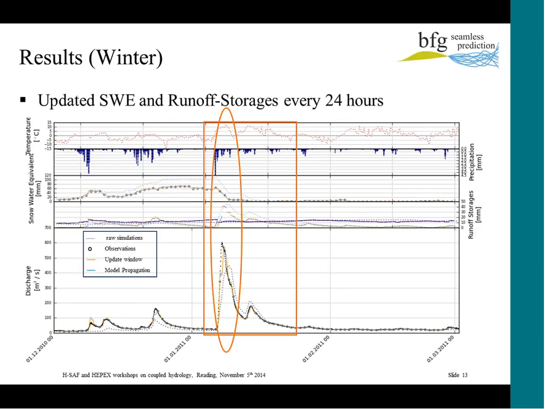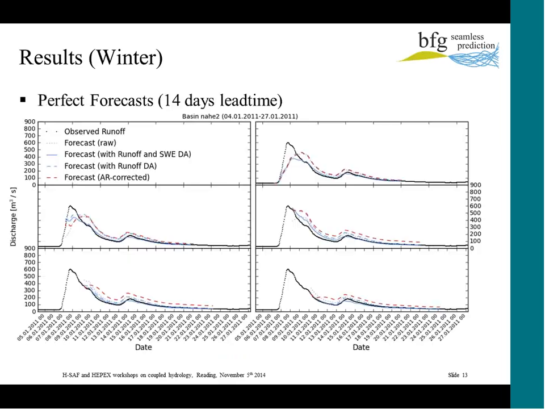So coming to forecasts now, I will show forecasts based on initial conditions from this time frame. The next slide, while it is also crowded like the previous figures, I think we can figure this out. These are 5 forecasts, which are in fact perfect forecasts, which means they are driven by observed meteorological inputs, and they are spanning 14 days.